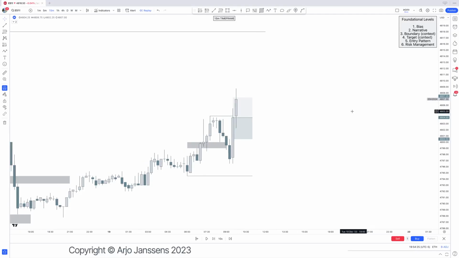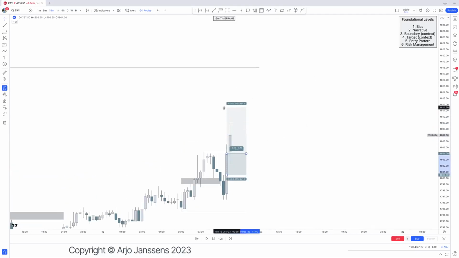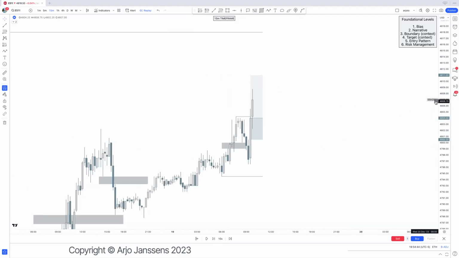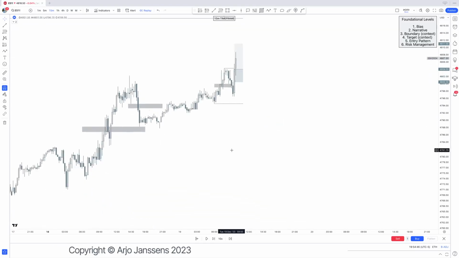Now, here we can look to target first at 1 to 2, and then eventually, of course, a little bit higher, because we have that daily target in the form of that higher time frame premium. The price action is simply telling us that we want to trade first to this premium. Afterwards, we can see whether we want to trade lower into a daily fair value gap.